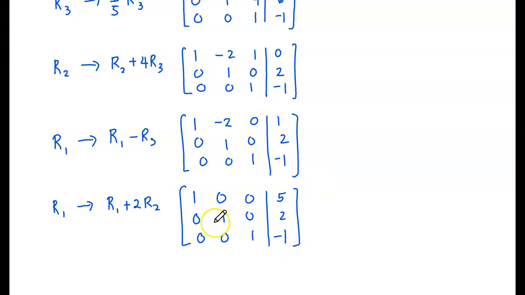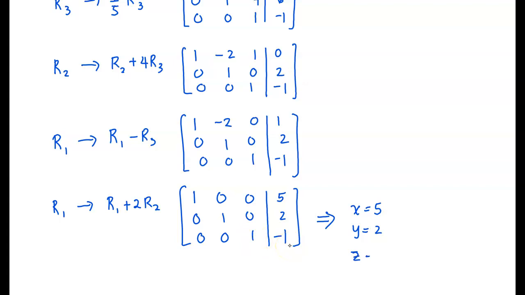Now, we are able to obtain the reduced row echelon form of the augmented matrix. Now, this reduced row echelon form will give us the solution to the system of linear equations. So this one means that x is equal to 5, y is equal to 2, and z is equal to negative 1.